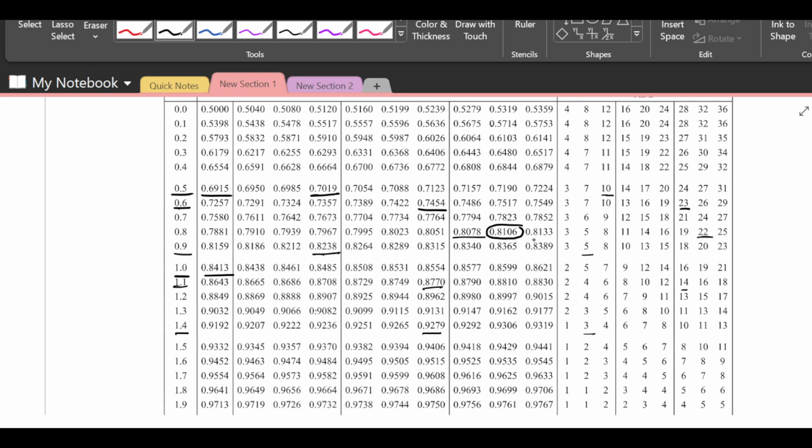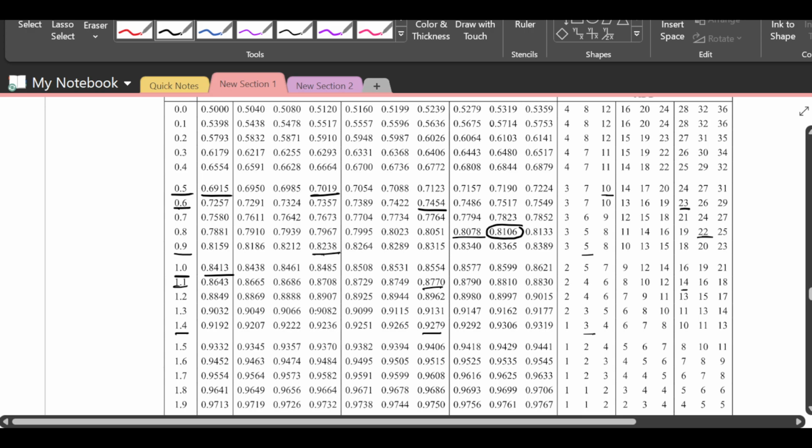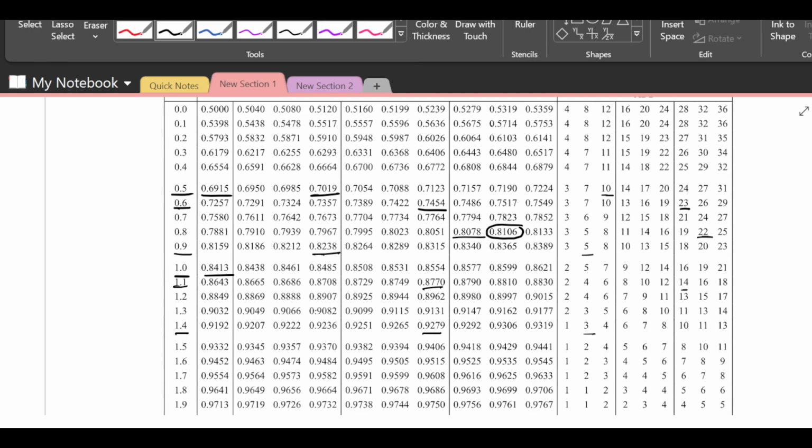Where are we getting 22? Here. Last time also we got the same thing. So it's 0.878.